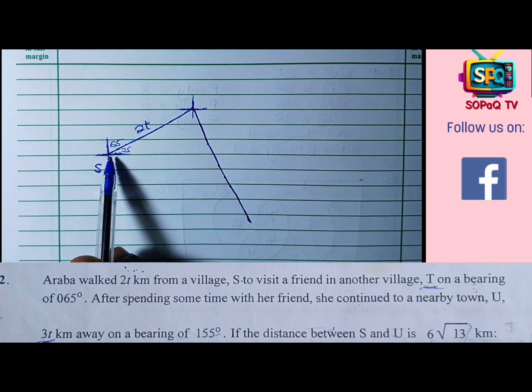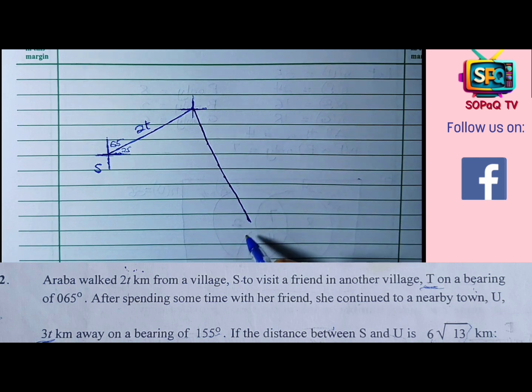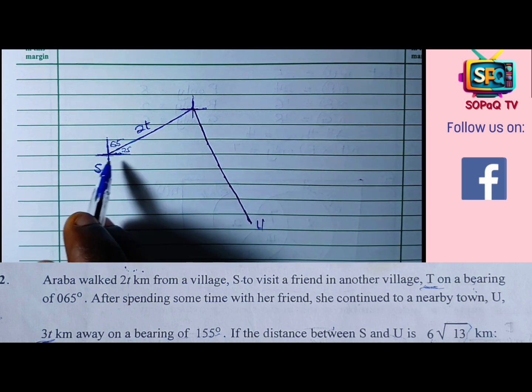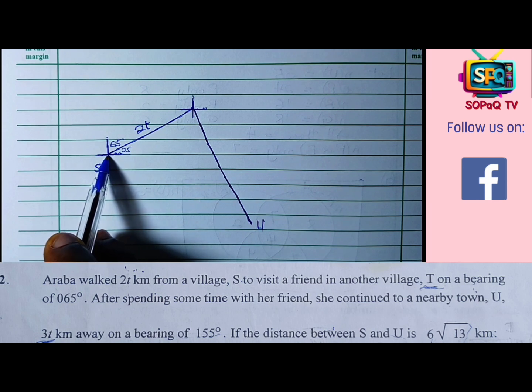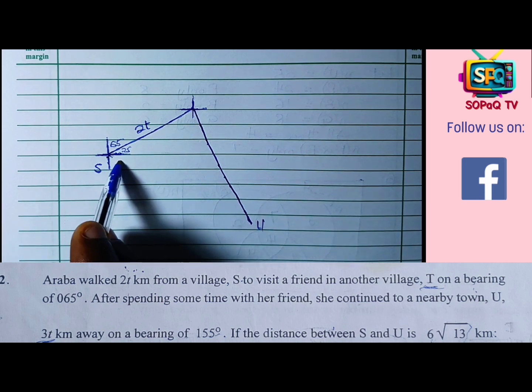So it is now clear that if this side is 2, from here to here is 3, and that destination was U. And from U, we need to seal the distance between the starting point and the destination, and we can seal that with short dashes.